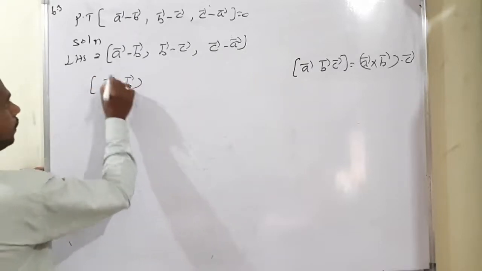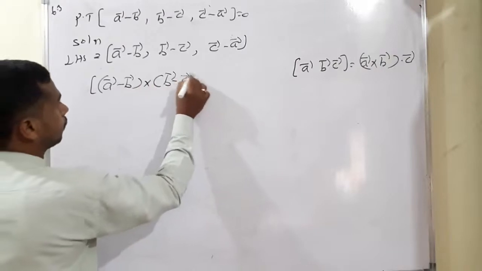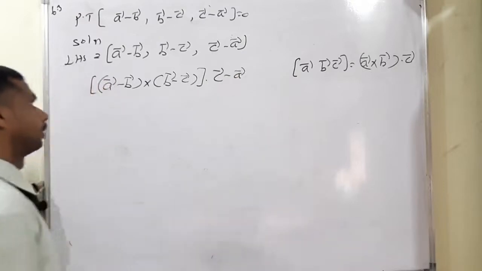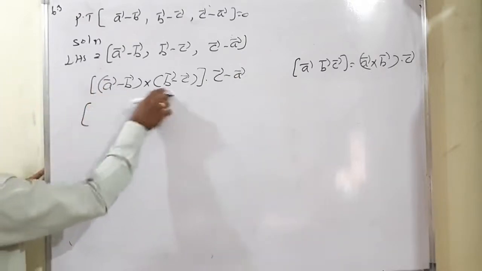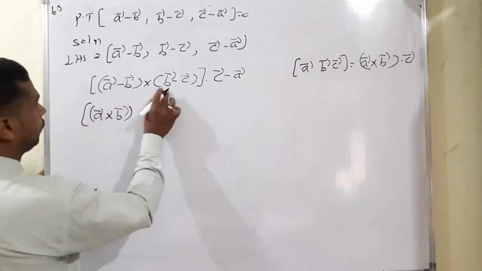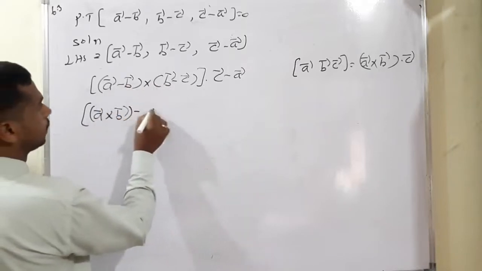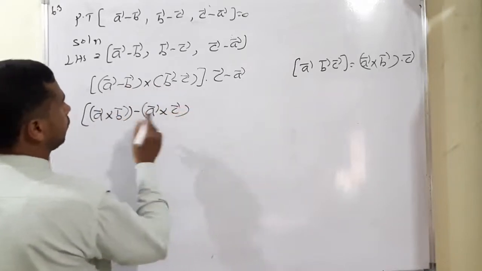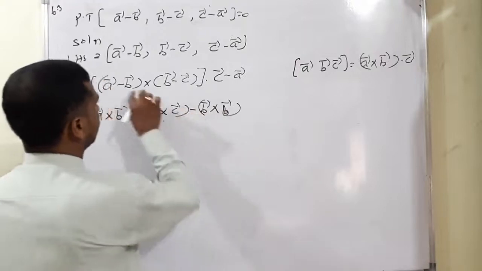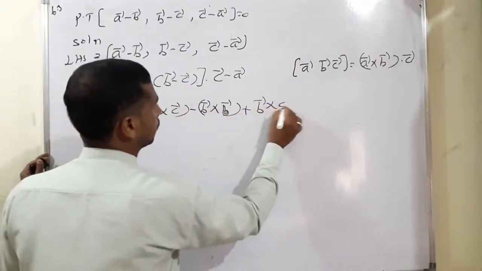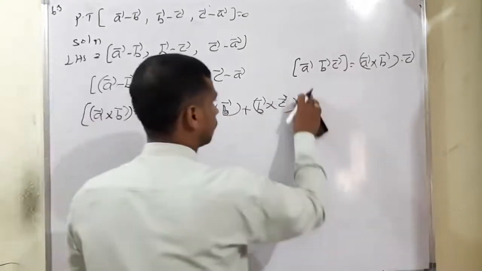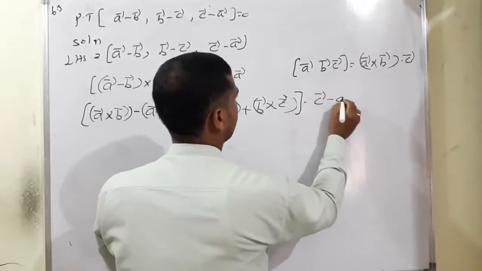(a vector minus b vector) cross (b vector minus c vector), outside dot (c vector minus a vector). Now simplify: a vector cross b vector, then minus a vector cross c vector, then minus b vector cross b vector, then plus b vector cross c vector, outside dot (c vector minus a vector).